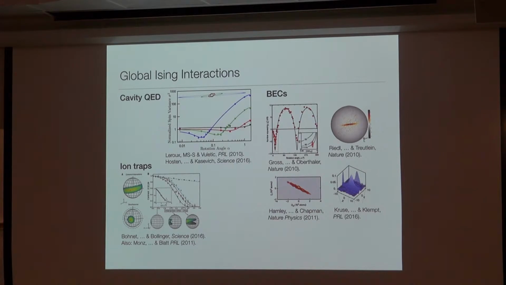They've been studied in Bose-Einstein condensates by collisional interactions, and there are ion trap experiments realizing similar interactions via the Sorensen-Molmer type of gate. And the sign can be controlled by a laser frequency. Okay, so this regime of global spin-spin interactions is quite well studied.